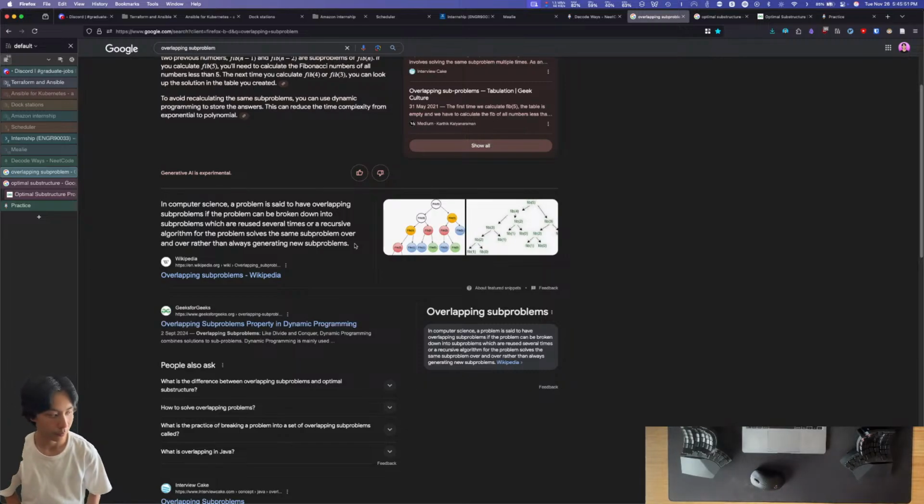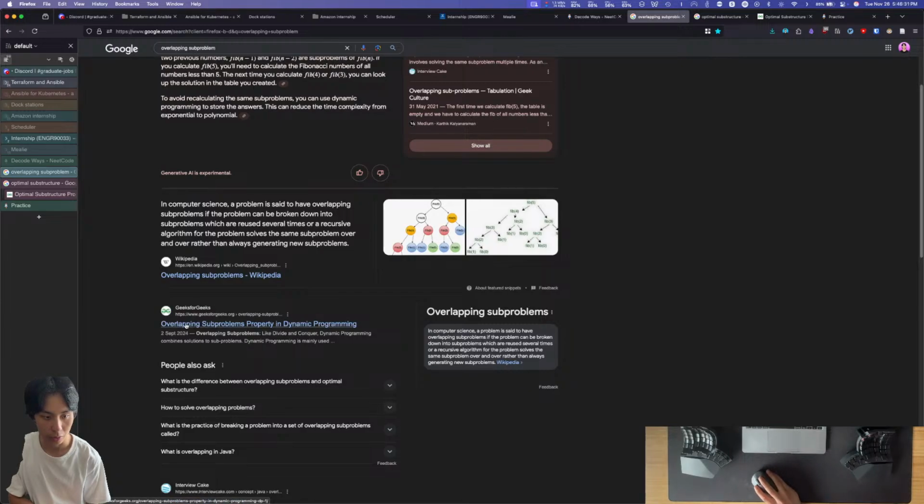Maybe in a tree, you reach a certain state that has already been processed at some point. Like literally in the coin change problem, that's what we did. We found an overlapping subproblem.